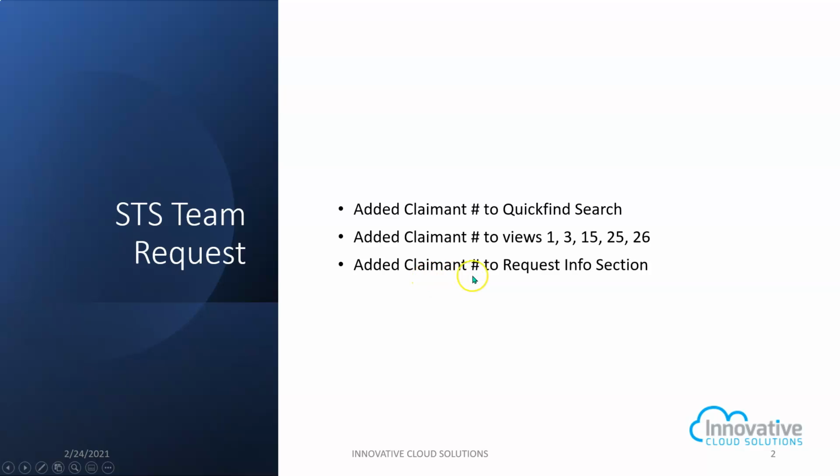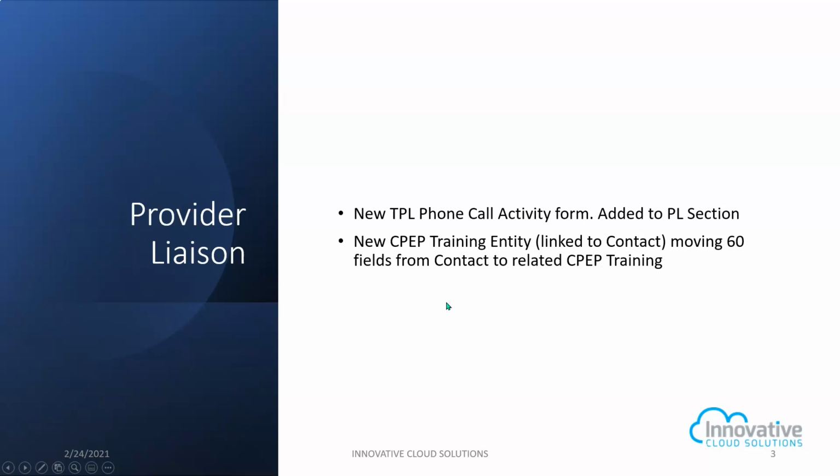And we added the claimant number itself to the form, the provider request form, and display it in the request for information section. So this was by far the biggest request of the STS team. We were able to make all of those changes. We'll take a look at those in just a minute.